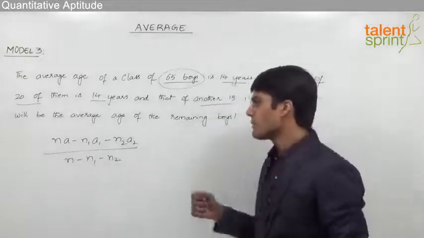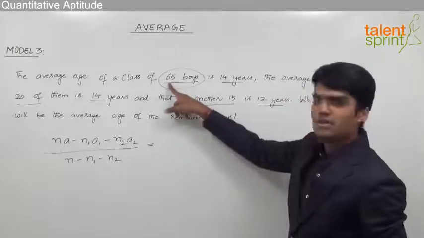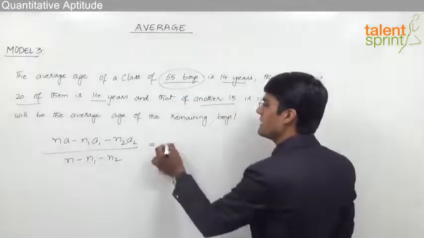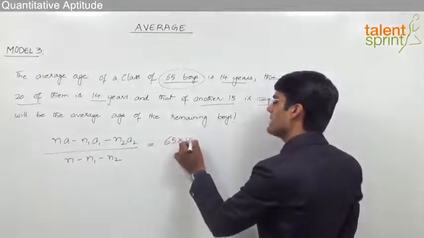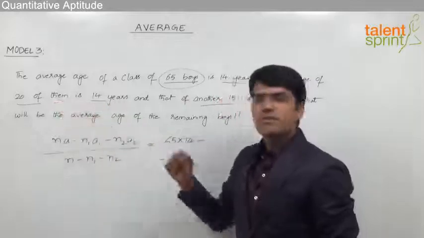So by using this point, the answer for this question can be obtained as N into A, that is total number of students 65 into their average 14, minus the other group here is of 20 boys where the average is 14 years.